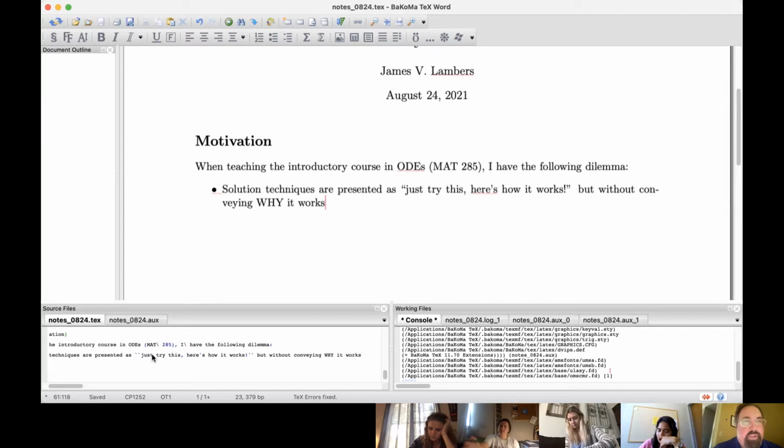That more could be done to build these methods from the ground up. Now, an introductory course in ODEs is not taken by just math majors, of course. You have other disciplines, a lot of the sciences, chemistry, polymer science, etc. And naturally, they're not really interested in those kind of details, and maybe that's why these books are often written that way.